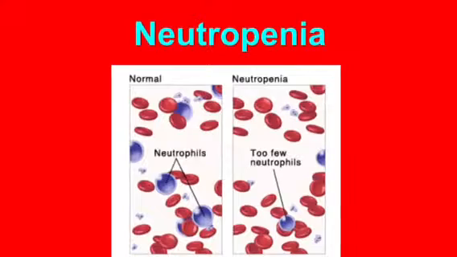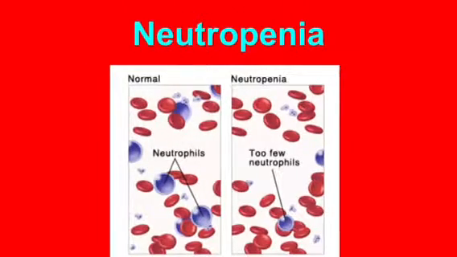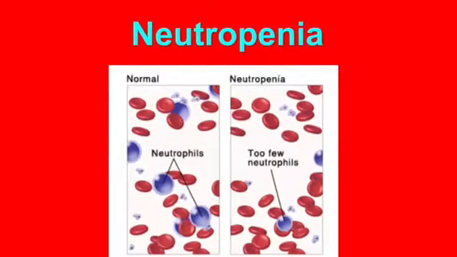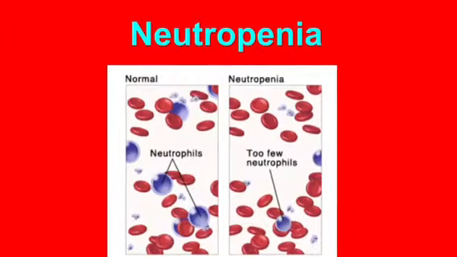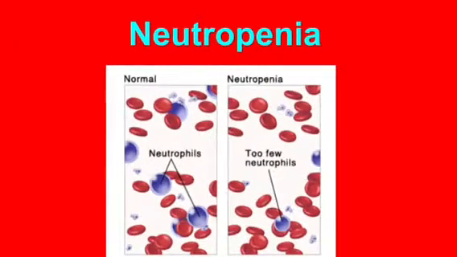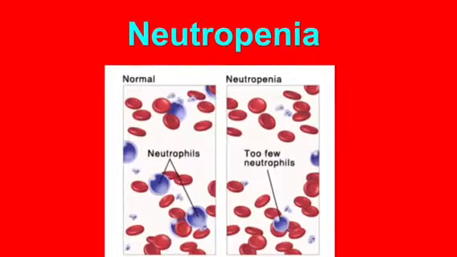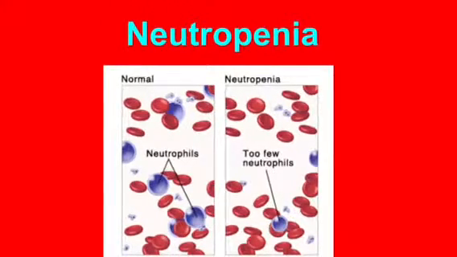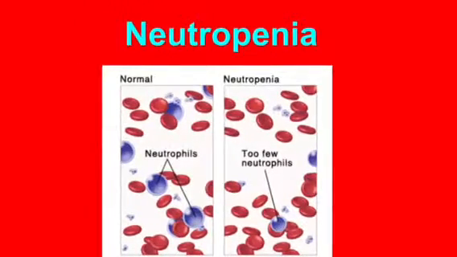There are 4 types of neutropenia. The first one is cyclic, which is present at birth and varies in a 21-day cycle. That's when white blood cells fall from normal to low, and that lasts a few days, and then they go back to normal and the cycle starts again.